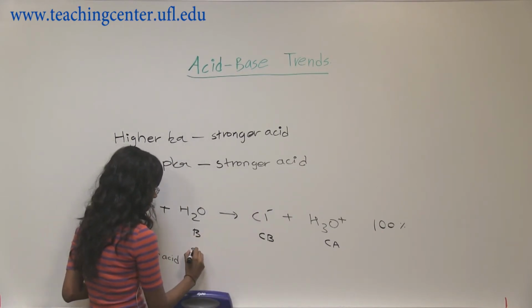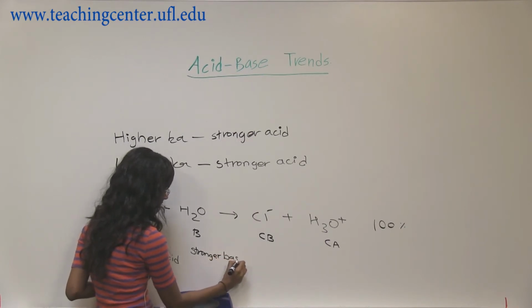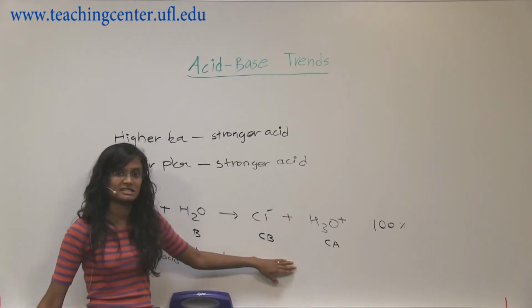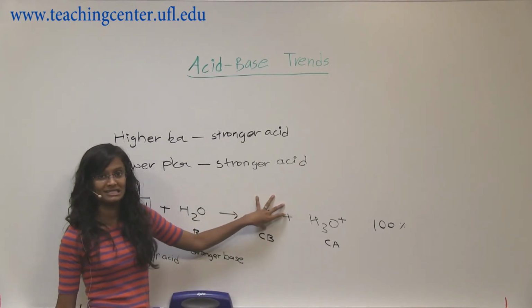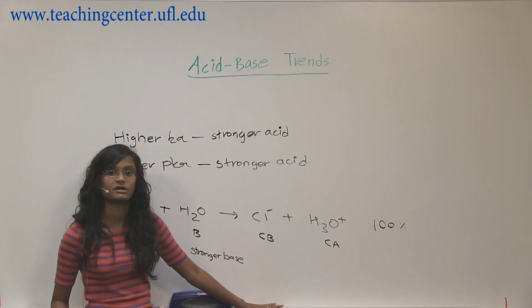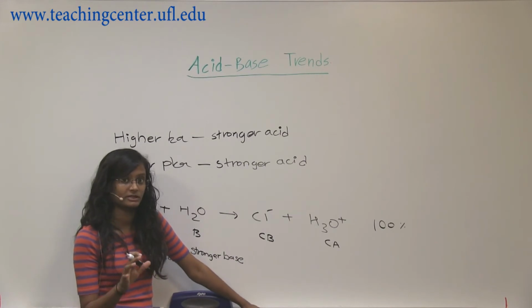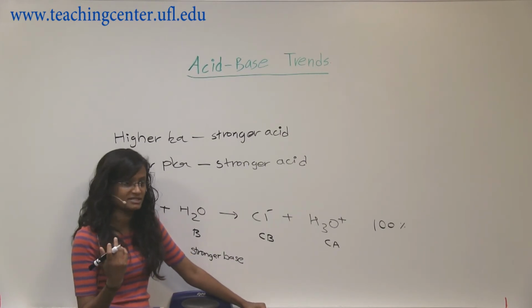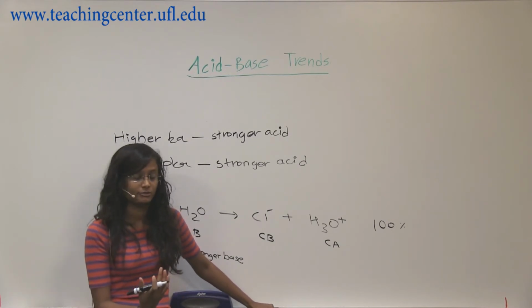Water is the stronger base, and Cl minus is the weaker base because it's so stable with that negative charge. It gets the octet, it gets the configuration of a noble gas, and because of its size, it's a very good leaving group as well. So you should know that it has to be something stable for it to be a very good leaving group.